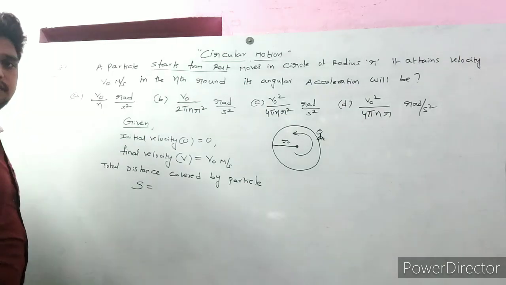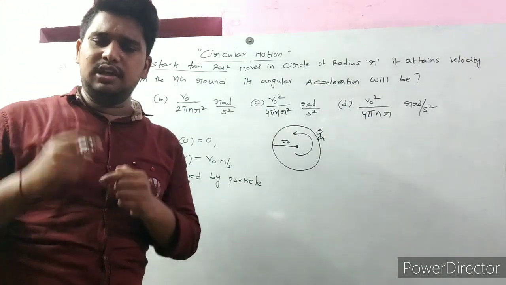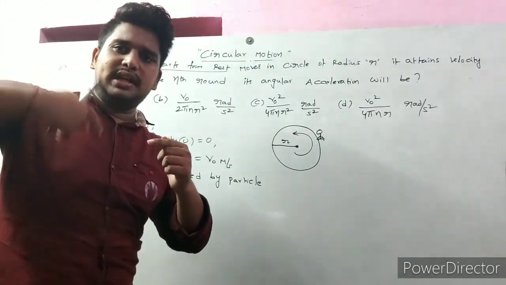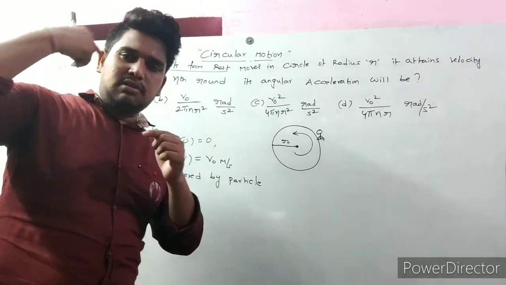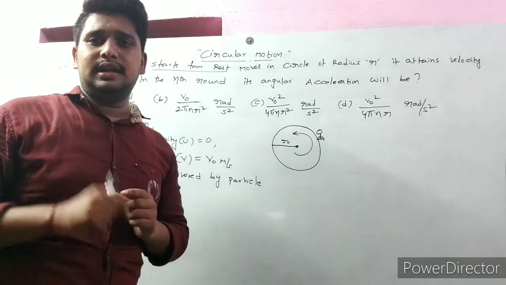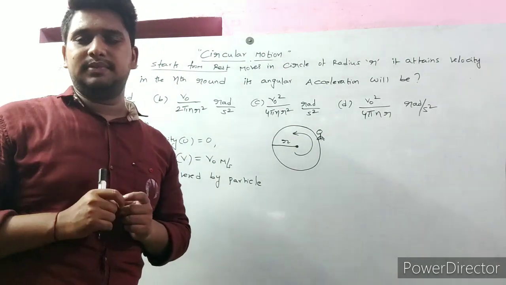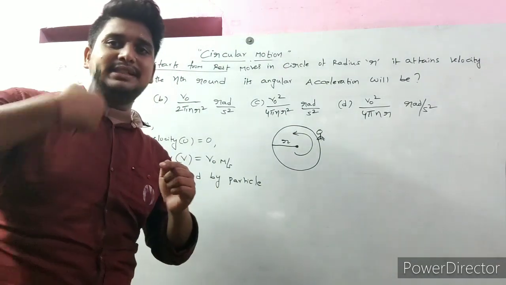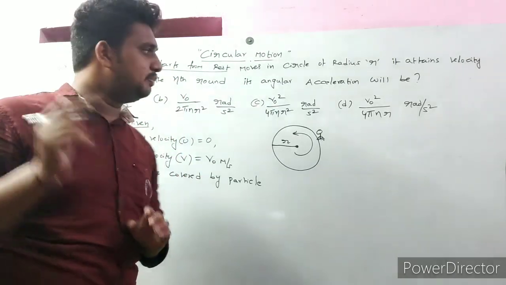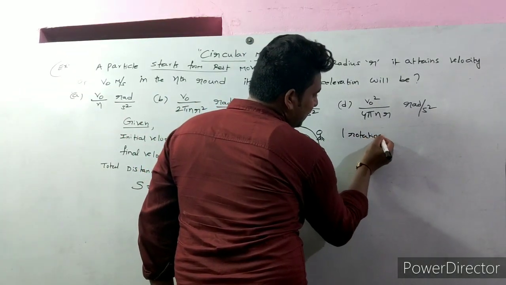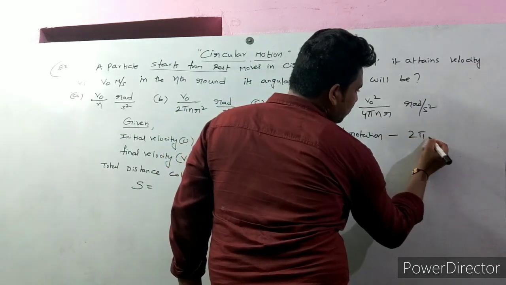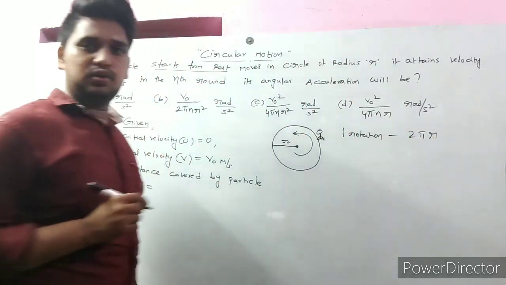If a particle covers one rotation, the distance is 2 pi r.